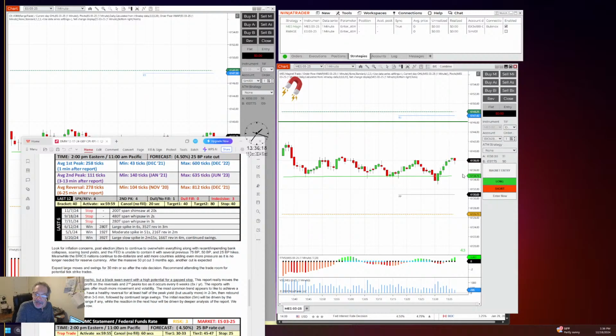And I'll put the magnet trade on automatic at the moment by pressing the magnet entry button. And now I have a magnet. If it goes to the high of the day, it'll fill me before it gets there. And if it tests the high of the day, I'll make a few dollars. If it changes direction on me, then I might lose a few dollars.